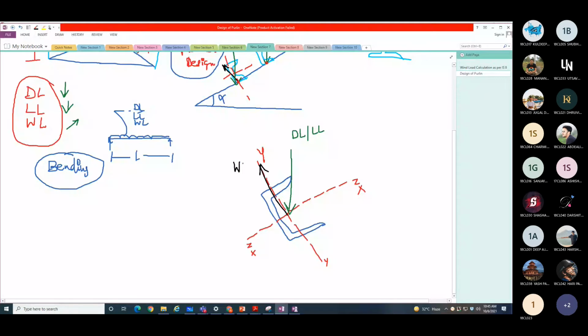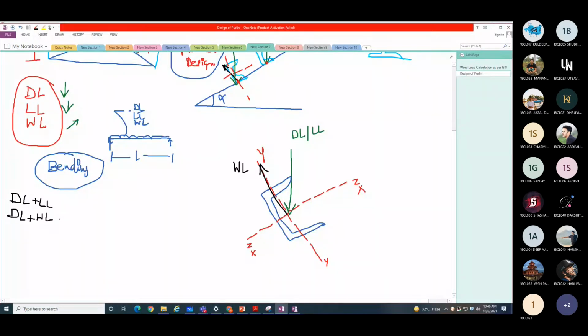So this is my wind load. Is it clear? Now see the wind load and dead load: one is vertically downward, one is perpendicular. So you are required to do the load combination in terms of the load parallel to the slope and the load perpendicular to the slope. Then you can make the load combination as dead load plus live load and dead load plus wind load. Am I clear to you?